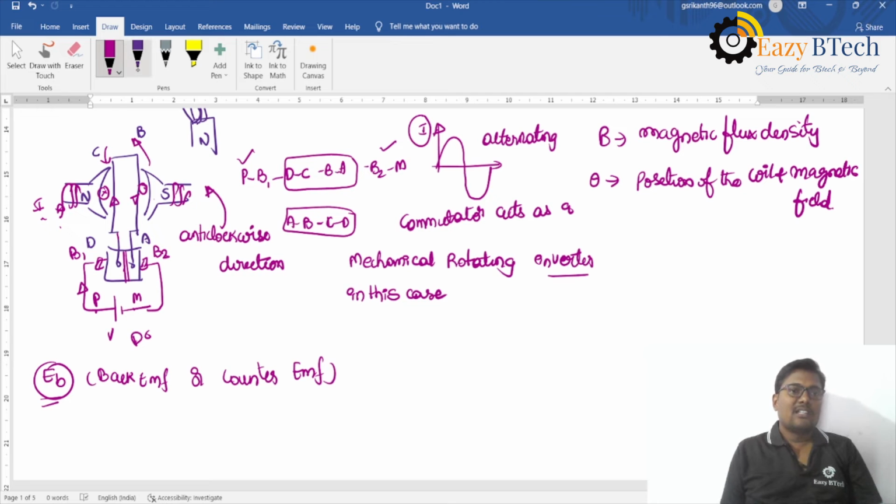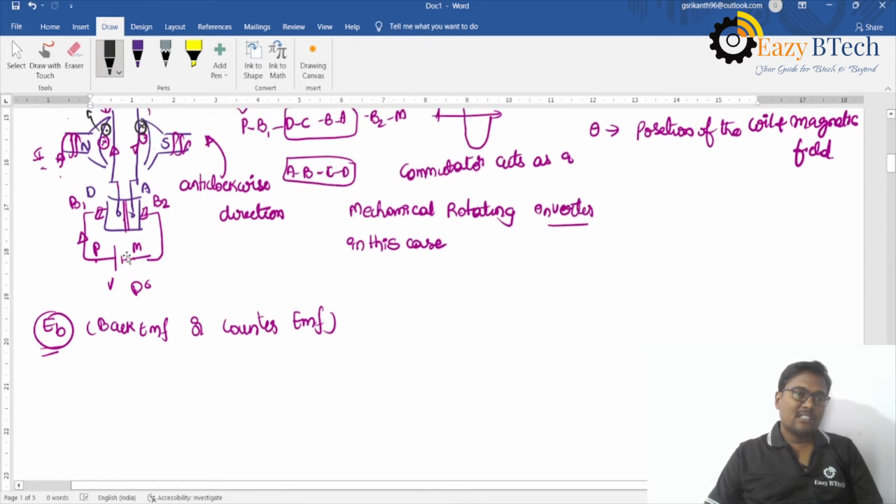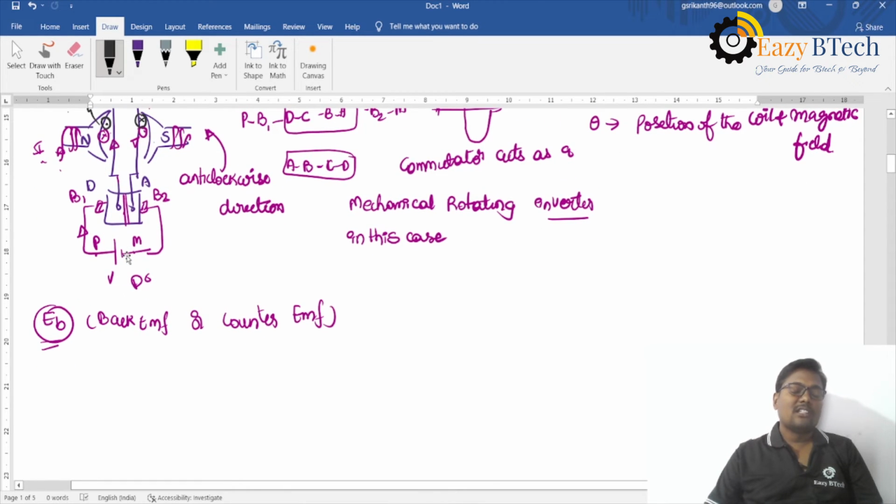So here I am getting dot, and here I am getting cross. Whatever the induced EMF is there, that induced EMF and the current flowing through the armature conductors are in opposite direction. That's why we call it counter EMF or back EMF.